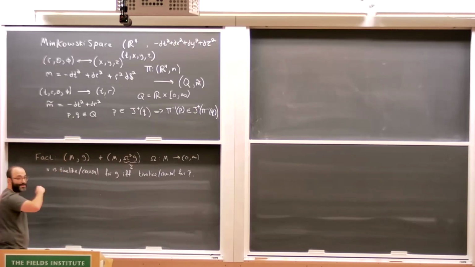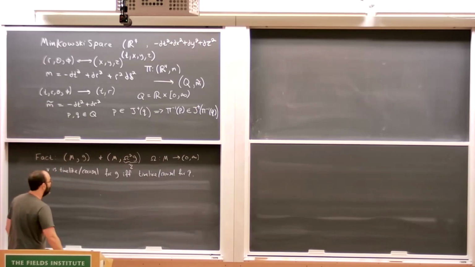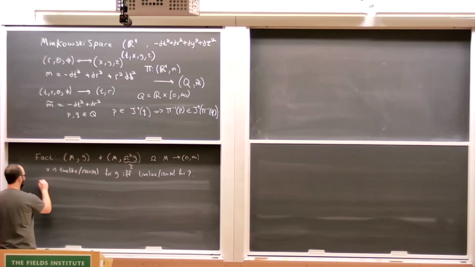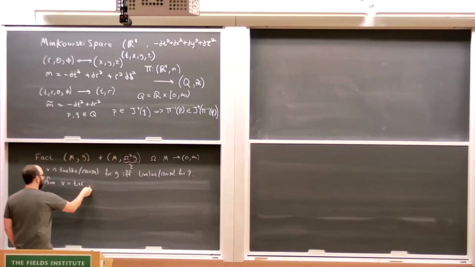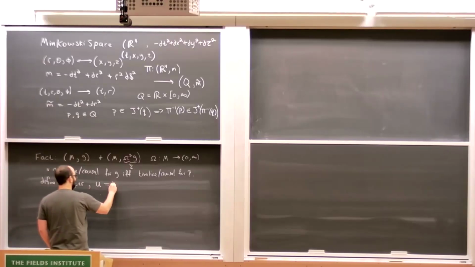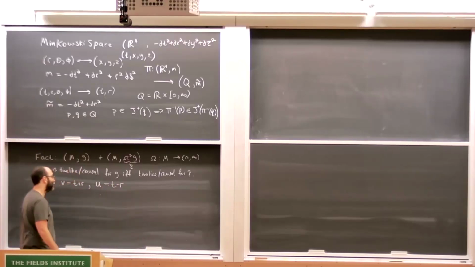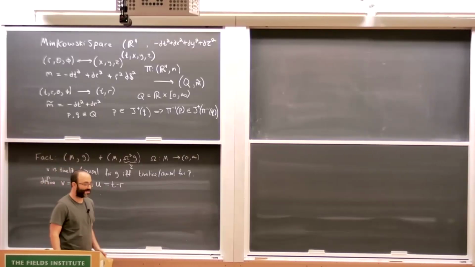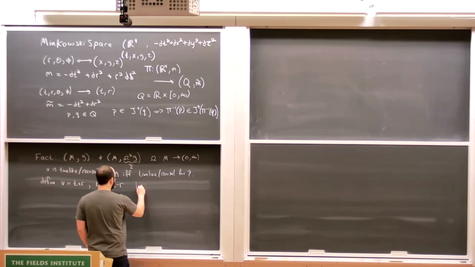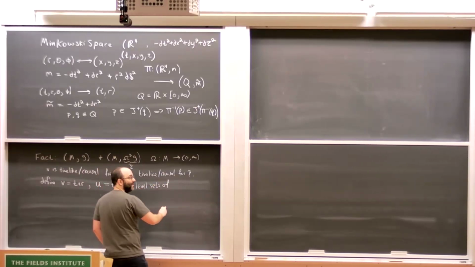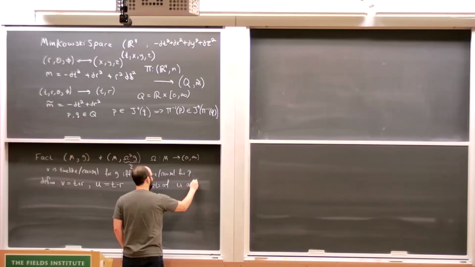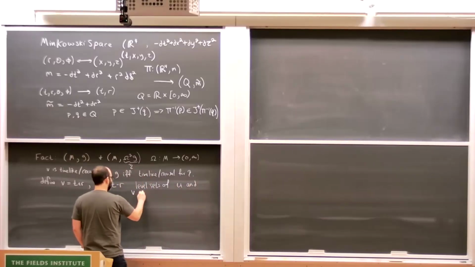The first thing we do is introduce these null coordinates, which we also did last time. So let's define V equals T plus R, and U equals T minus R. These are examples of what's called eikonal functions. The level sets of U and V are null curves.